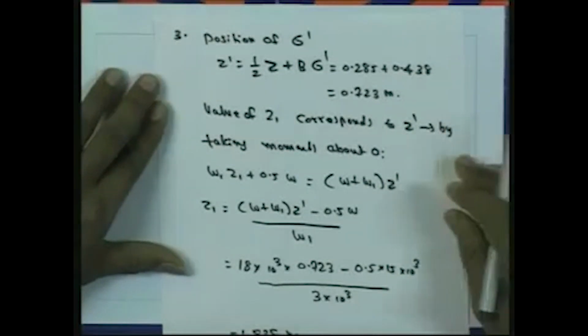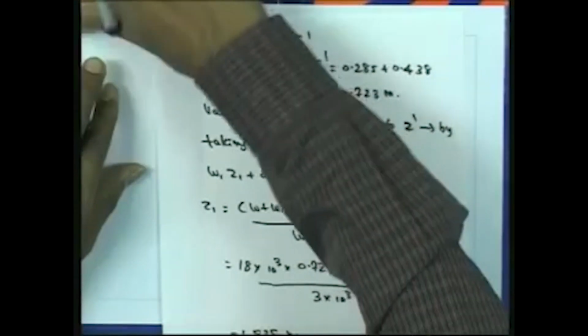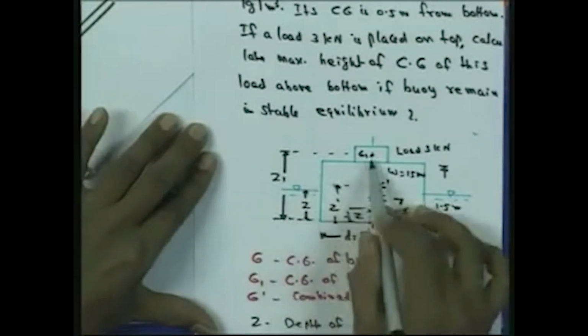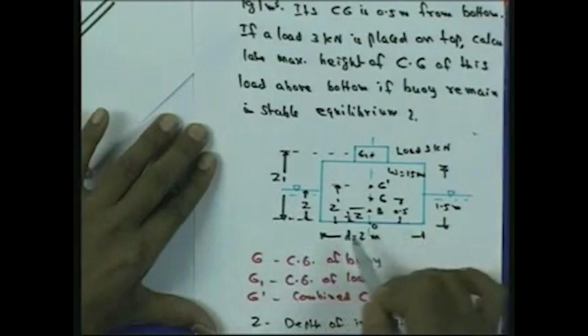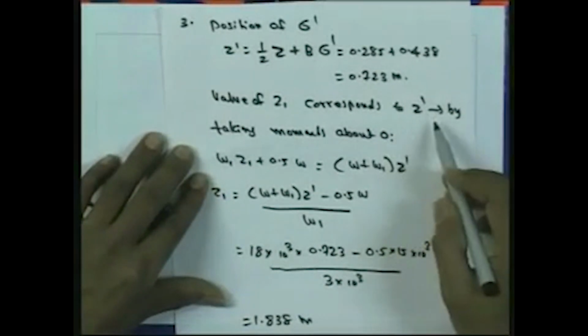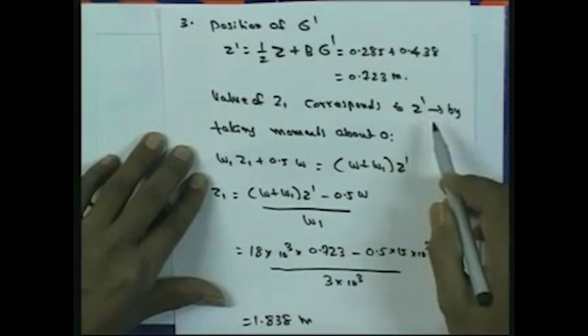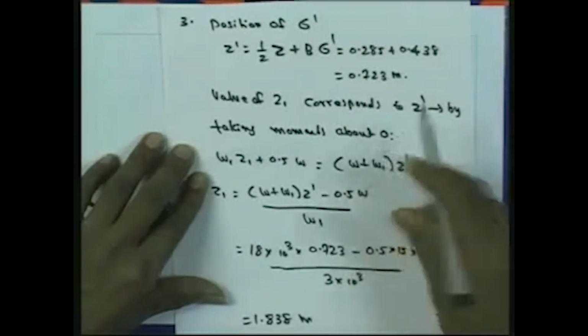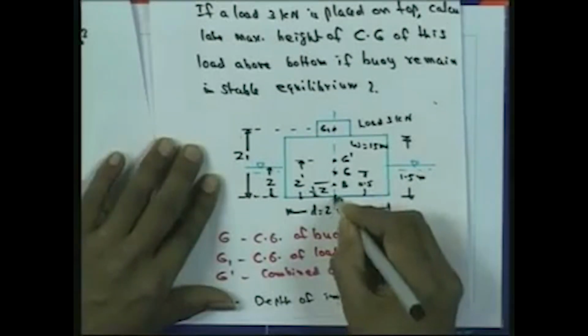Now, in this figure you can see the center of gravity of the extra load G1. That Z1 from the bottom of the buoy we want to determine. The value of Z1 corresponds to Z dash, that means with respect to the new center of gravity, we can take moments about the point O, so that we can determine this Z1.